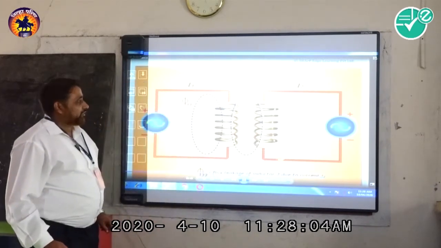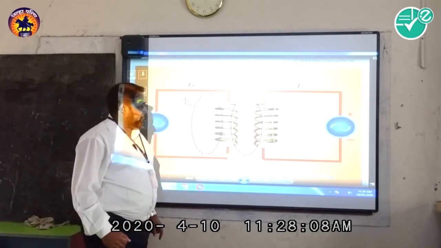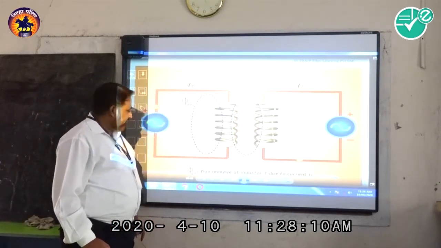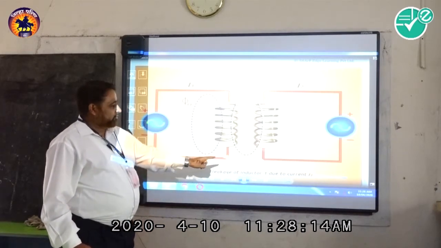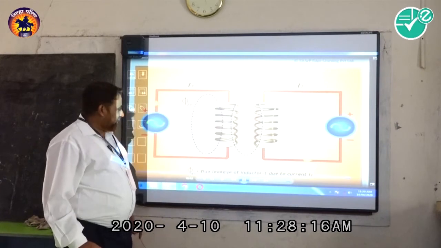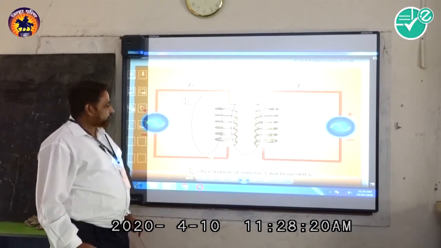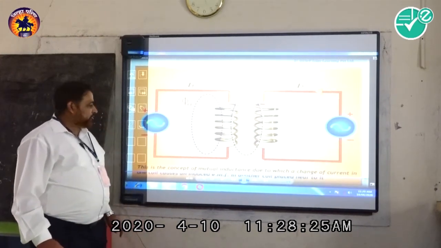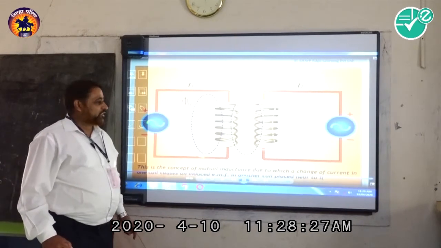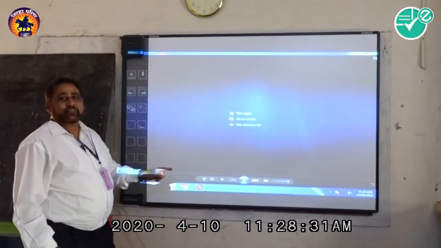In this way the phenomenon of mutual induction can be described. Flux linkage of inductor due to current I2. So this is the concept of mutual induction, due to which change of current in one coil produces an induced EMF.